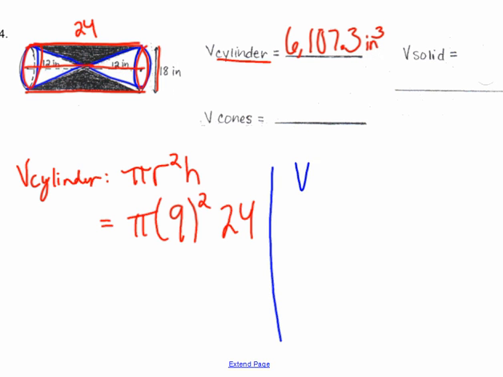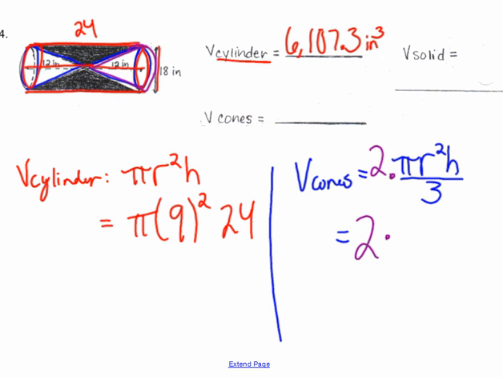Okay, then we have cones. For a cone, that's pi r squared times height, all divided by 3. But I need 2 of them, so I need to make sure I multiply this by 2 because there are 2 cones. So I'm going to do 2 times pi, radius, that'd be the same as the cylinder, so that was 9. And the height of 1 cone.